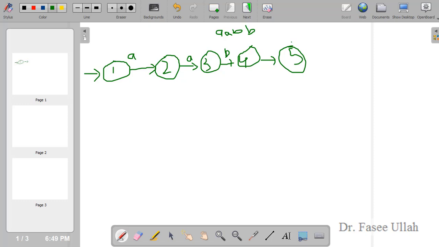So this is the final state, as we can see from the given condition. So we have almost done, right? So it accepts double A double B. This is A and this is B. This is the initial state and this is the final state.